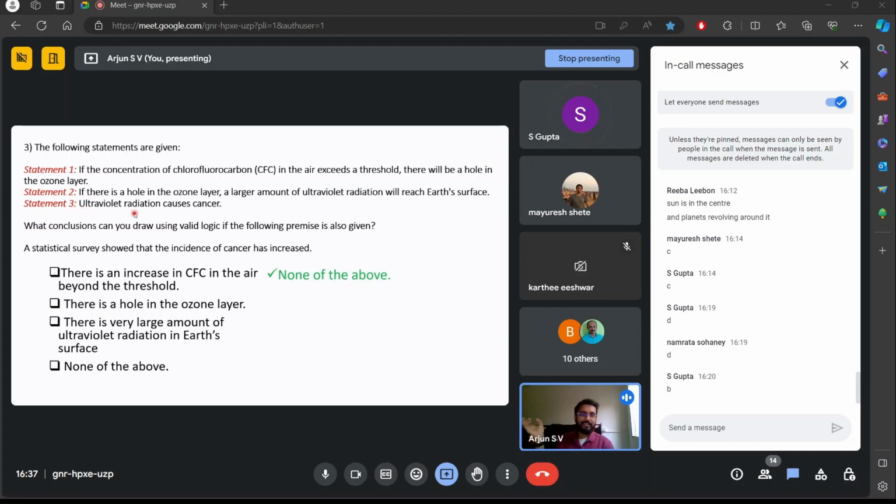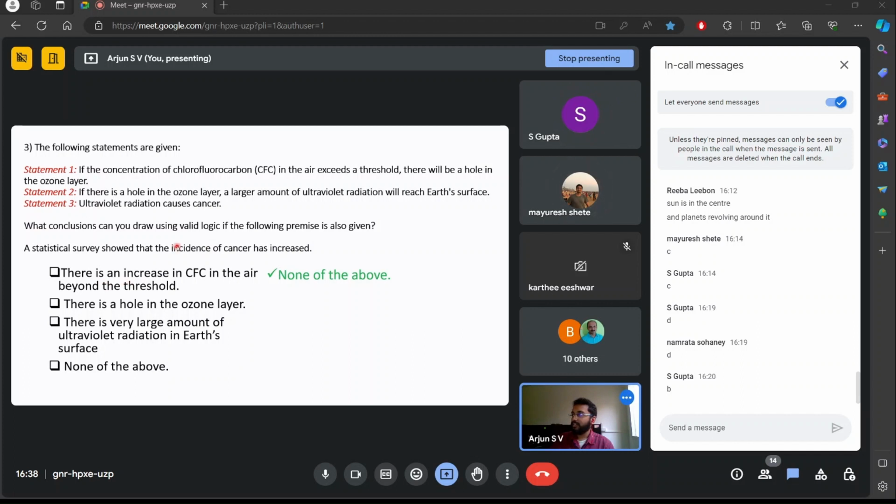So you can see that there is a definite pattern. The object of the first statement will be the subject of the second, and so on. This will be the set of statements. And in the premise, they are saying that a statistical survey showed that the incidence of cancer has increased. So based on that, we have to check if all the three options are correct.